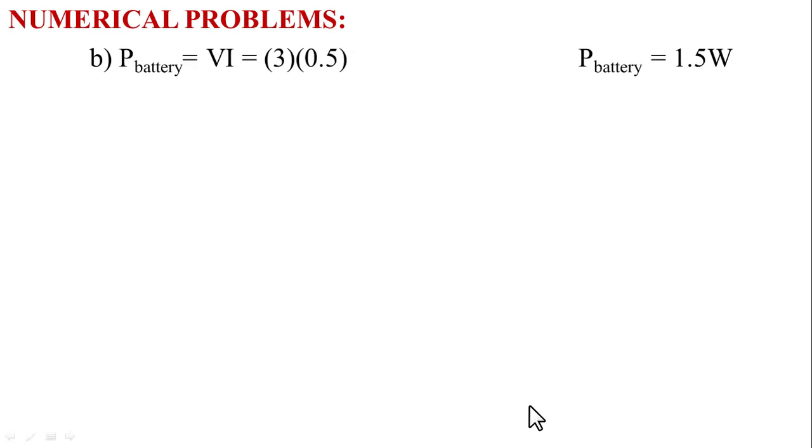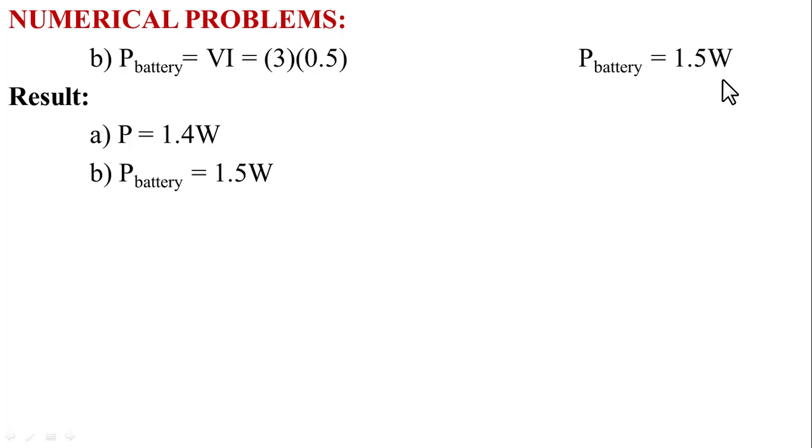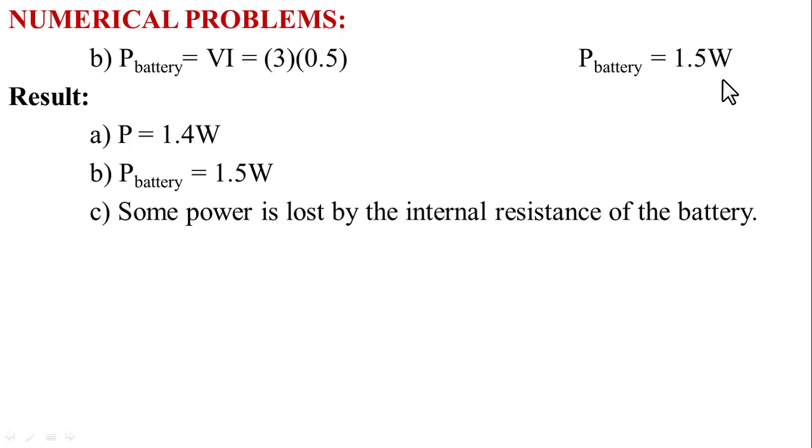In B part, power of battery: P battery is equal to VI. Value of V is 3 and I is 0.5. So power of battery is 1.5 watt. Similarly, we can find the result. So in A part, power P is equal to 1.4 watt and power of battery P is equal to 1.5 watt. So in C part, we can write the simple answer.